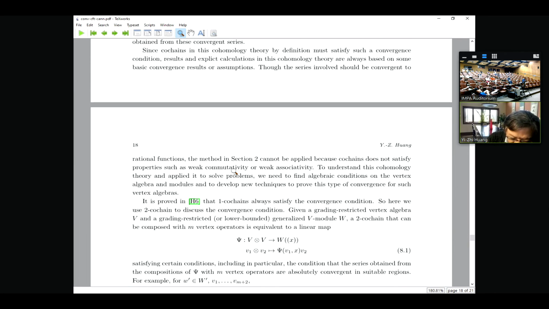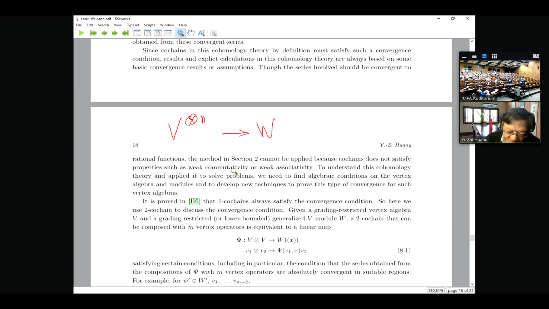You consider maps from V tensor to the nth power to a module W, right? That is the usual way. You consider cochains to be such maps, probably satisfying certain conditions, and then you can define the coboundary operation. For vertex operators, if you try to do this, it does not really work.